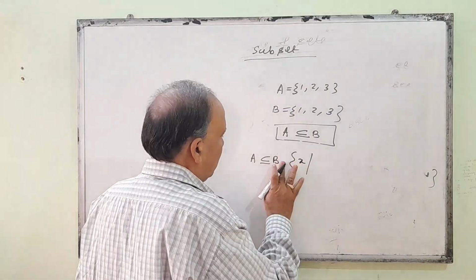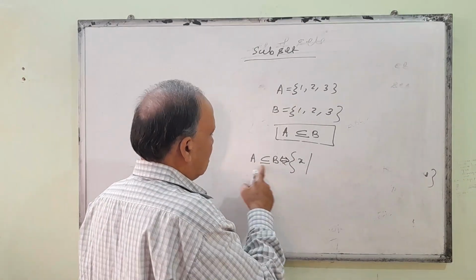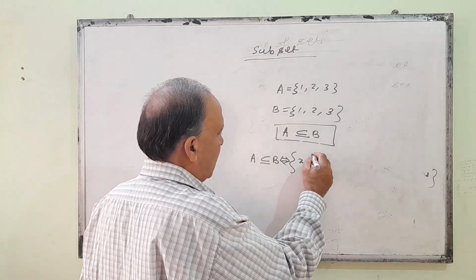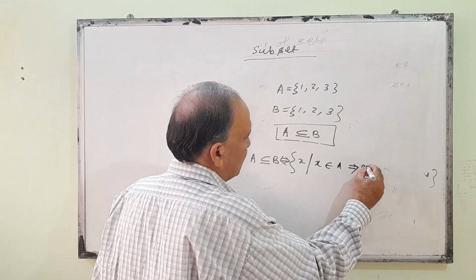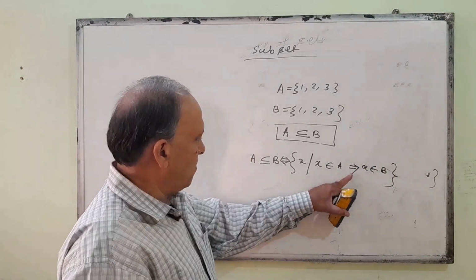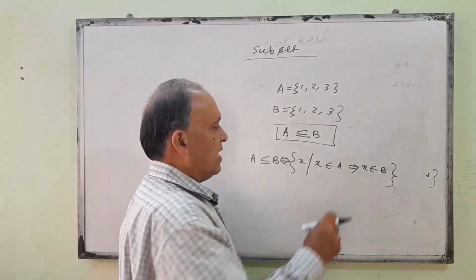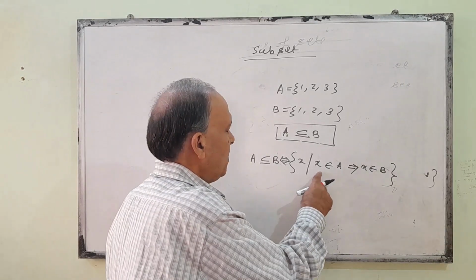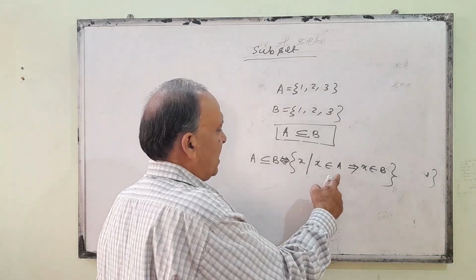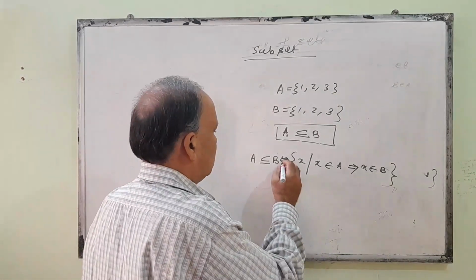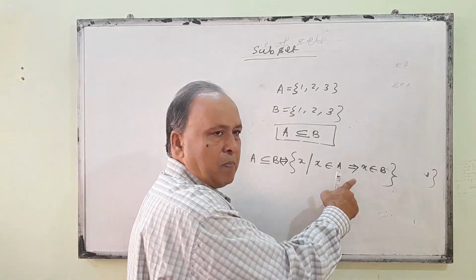In mathematical form, you can say A is a subset of B if and only if, x belongs to A implies x belongs to B. This symbol is implies and implied by, and this is only implies, which means if then. If an element is present in A, then the element is present in B. If then.